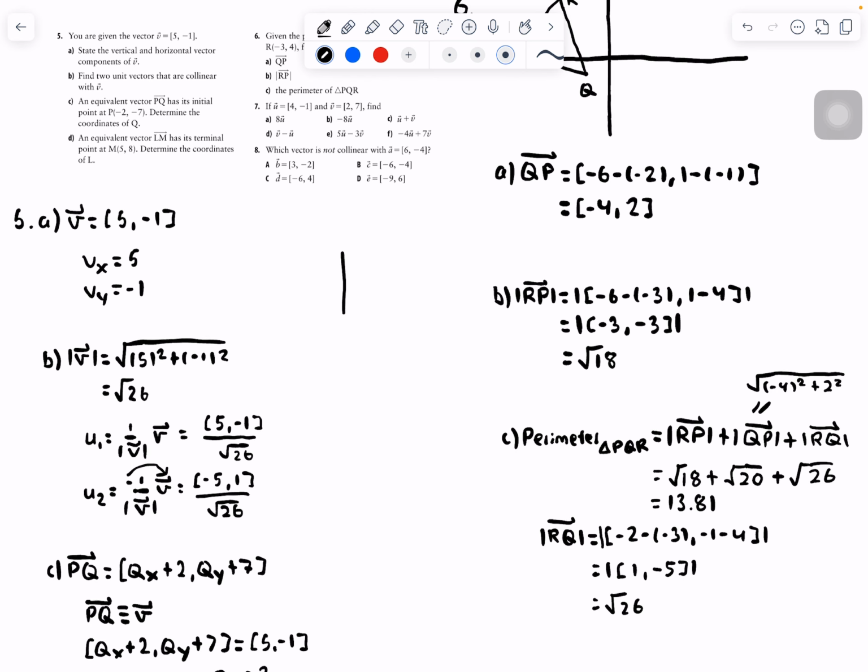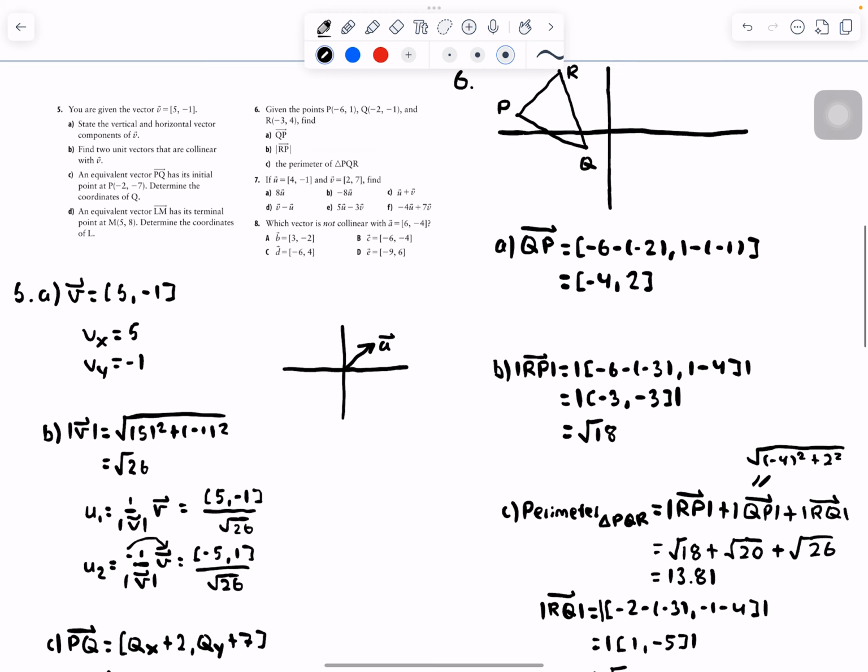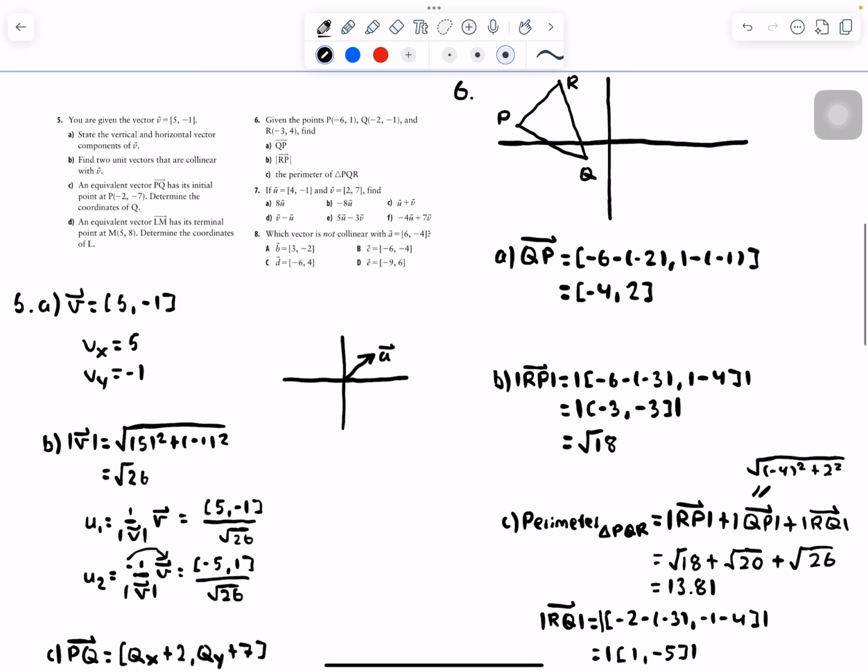Collinear just means parallel. If this is our vector A, it's some arbitrary vector, and a collinear vector would be lying essentially along this line. It could also be in a different position. It doesn't really matter.